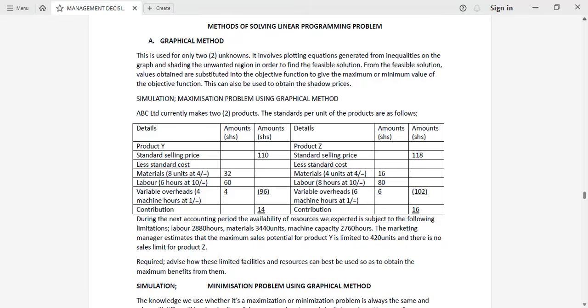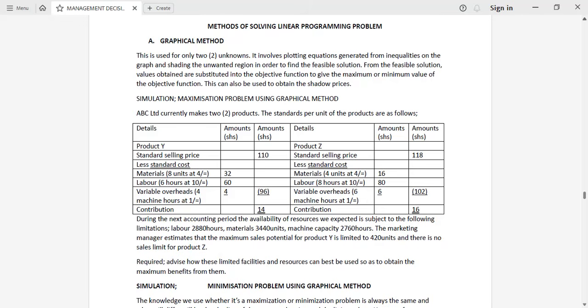A graph only has two variables, the y-axis and the x-axis. If you have three or more unknowns, how are you going to find those figures on the graph? There is no way. That's why we only use the graphical method when we have two unknowns only. And if it is one, we said it doesn't even go to linear programming. It goes to the other decision making and limiting factor.